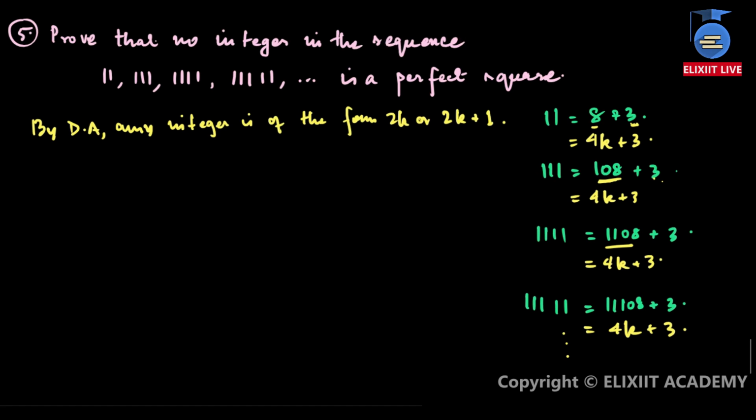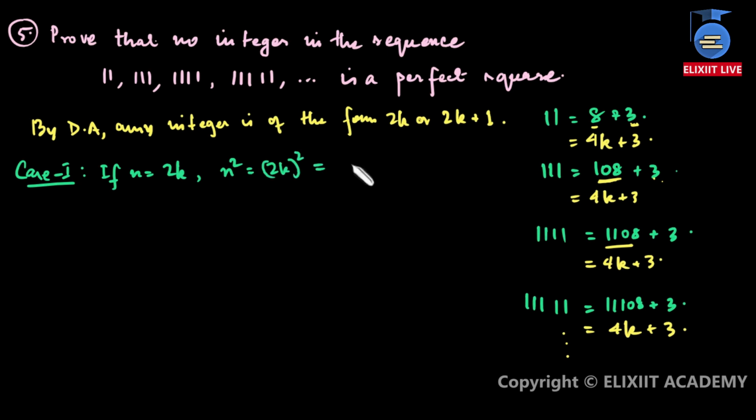So let's check each case. For case 1, if n is equal to 2k, then n square is 2k whole square, which is 4k square. This is of the form 4k, a multiple of 4.